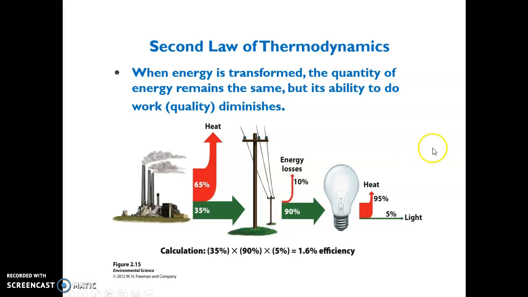So the overall efficiency of obtaining that amount of light from burning a certain amount of coal is 35% times 90% times 5%, which comes out to 1.6% efficiency. So if you had, let's say, 100 units of energy here in the coal, by the time you get to light, you're down to 1.6 units of energy.